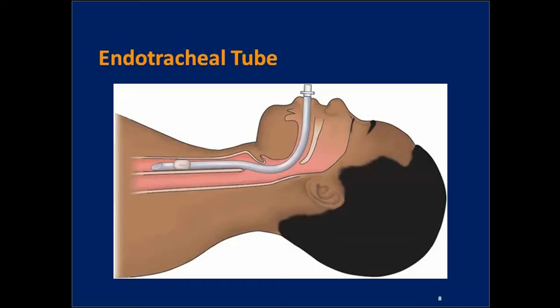Anytime an ET tube is placed, then a chest x-ray will be done immediately after to verify placement. Some other complications of improper placement: you have to listen to breath sounds.